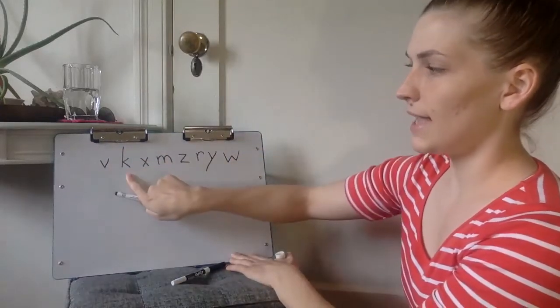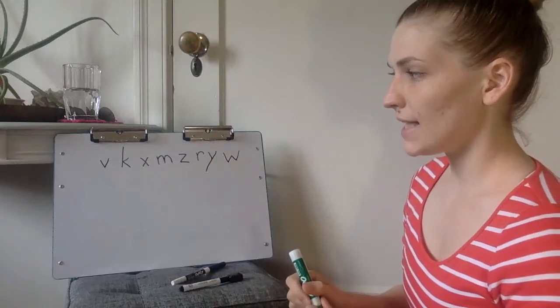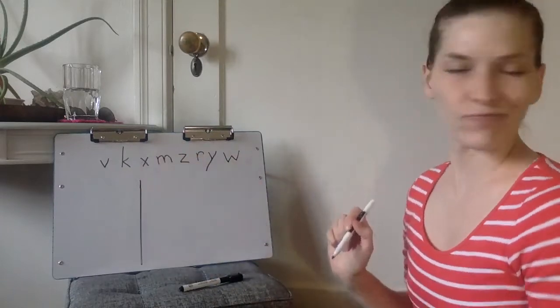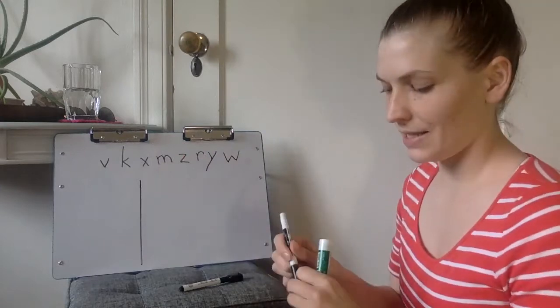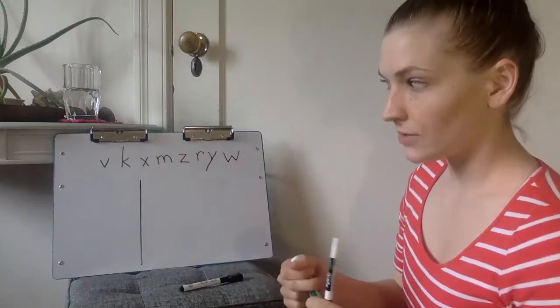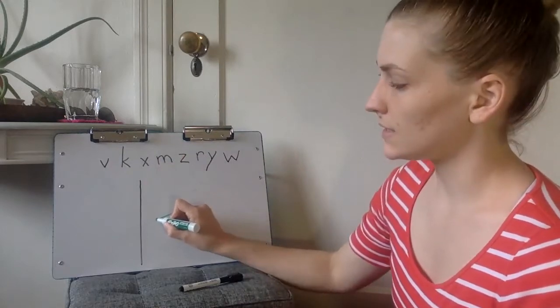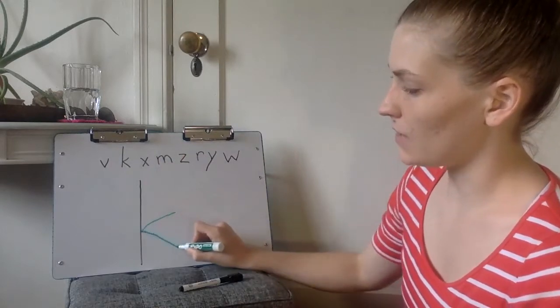Next, let's look at K. Lowercase k is tall. It starts with a big line down. Nope, that one's vertical. That's not a sliding line. But the next set of lines, we come over here, slide, bump, and slide away.